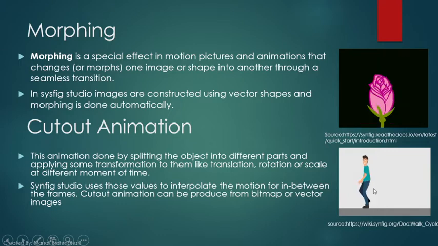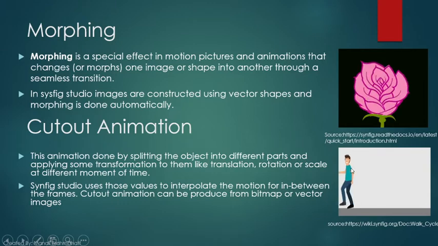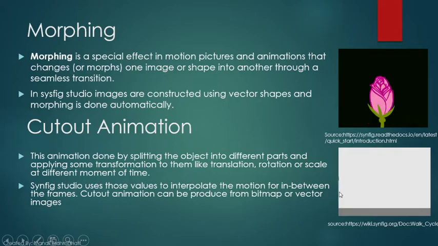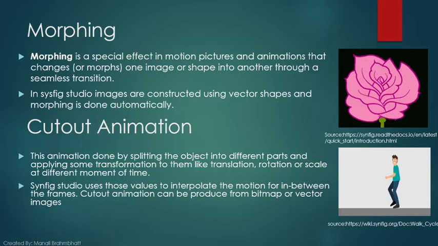So it's a cutout, or you can say the bone animation, where you can apply the bone effect on the image. So from a particular angle you can rotate that shape, that part of the image.